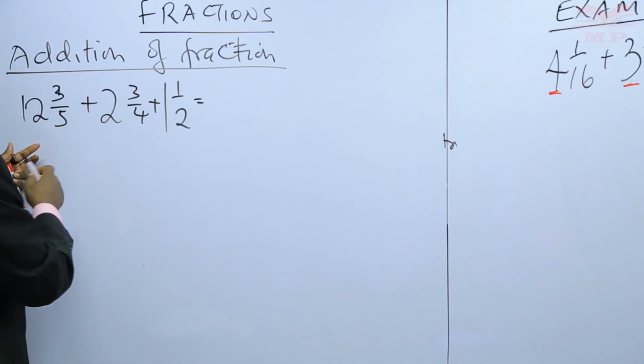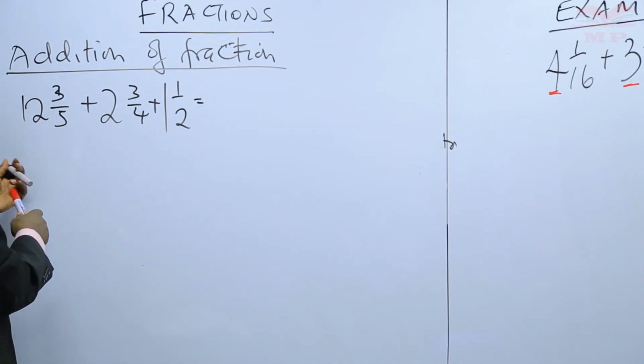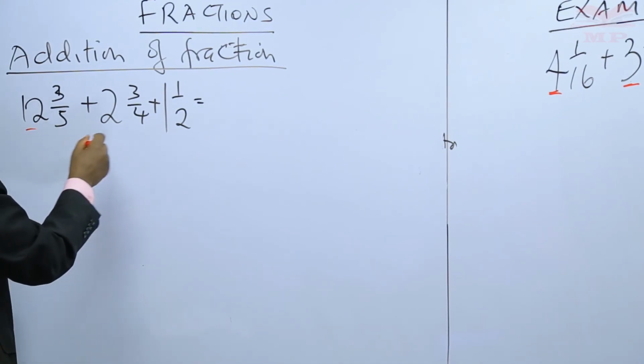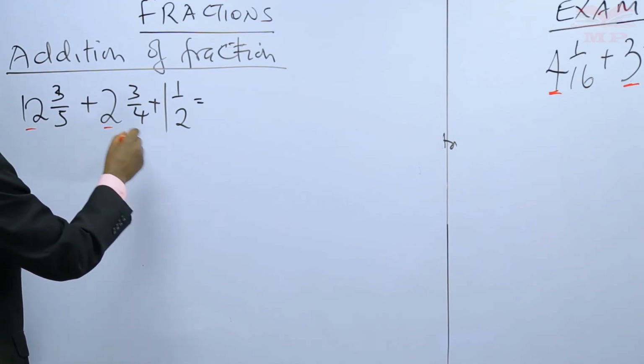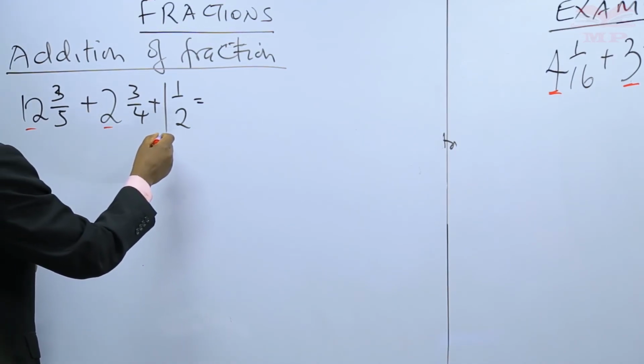The whole number in the first fraction is 12, in the second is 2, and in the third is 1.